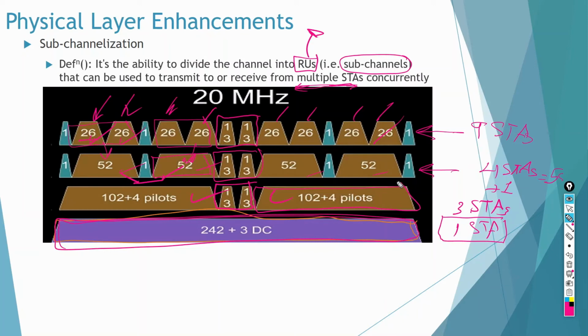But who decides which user gets which frequency or which RUs? This is a function of the AP scheduler. It's a very important function.